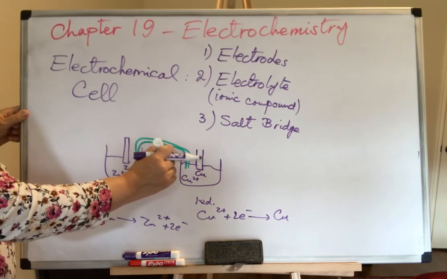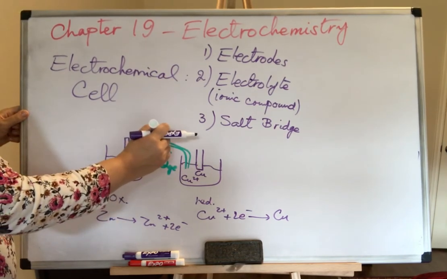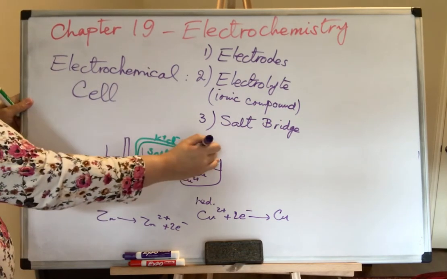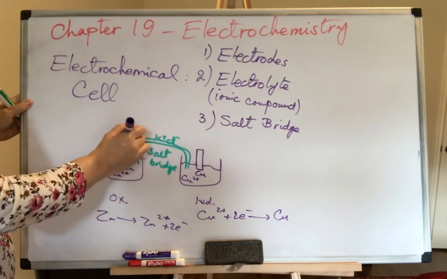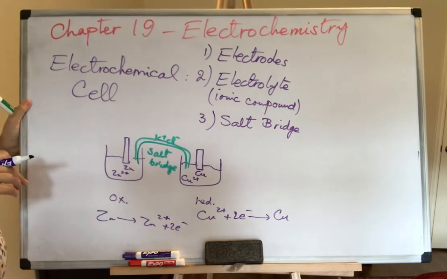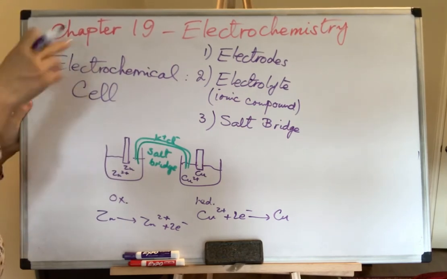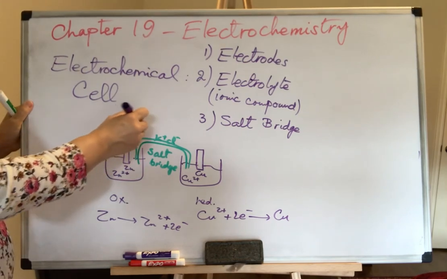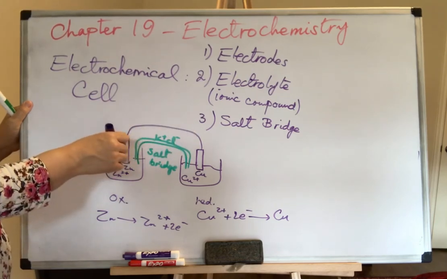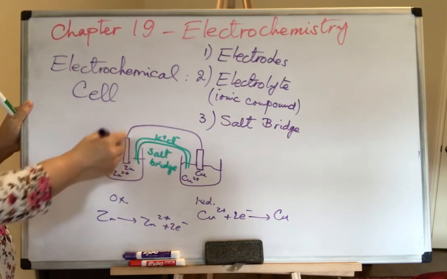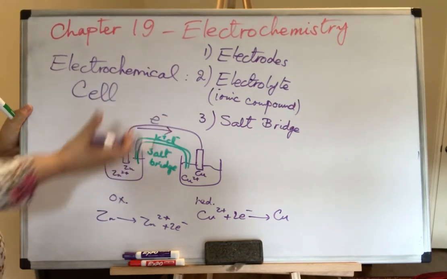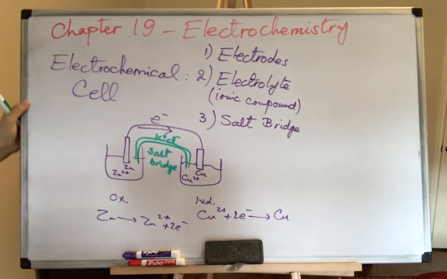Salt bridge always has an ionic compound in it, like KCl, to make passing the ions easier. But the solutions won't transfer, but the salt bridge makes a circuit kind of. And electrons go through the wires from where the electrons have been released towards where the electrons are needed. So this is a very simple electrochemical cell.